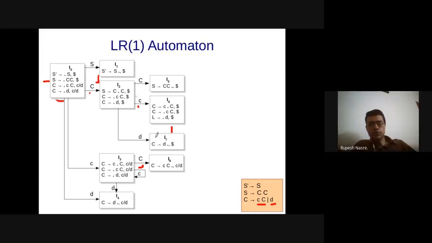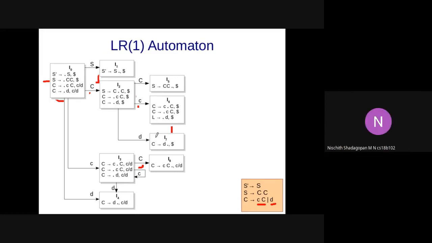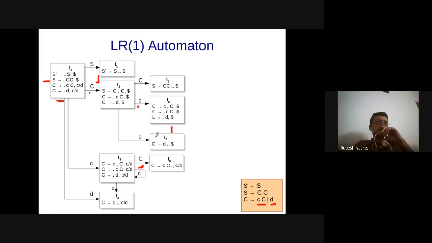And you are saying that equal to should not be there. Yes, sir. Because we had the production S gives L equal to R or R. So from this we'll get that follow of R should contain follow of S. But I think it shouldn't mean follow of S should contain follow of R. Okay, follow of R should contain follow of S. That statement is correct.